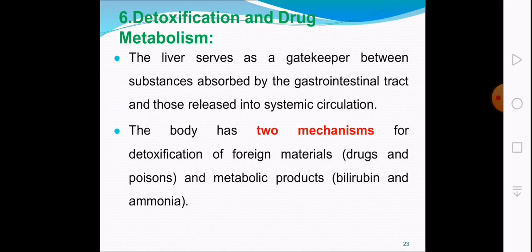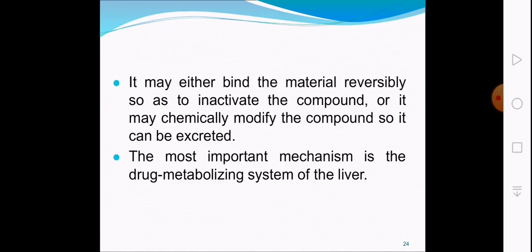الجسم عنده two mechanisms عشان يعمل لنا عملية بتاعت detoxification and metabolic products processing.